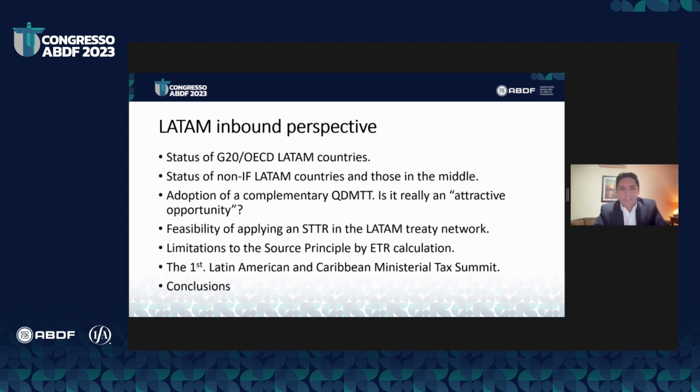So of course, as an involved country, the concern is the same as many Latin American countries, since it may feel pressure to adopt the QDMTT to preserve its taxing rights and also to avoid losing revenue in favor of the developed countries.